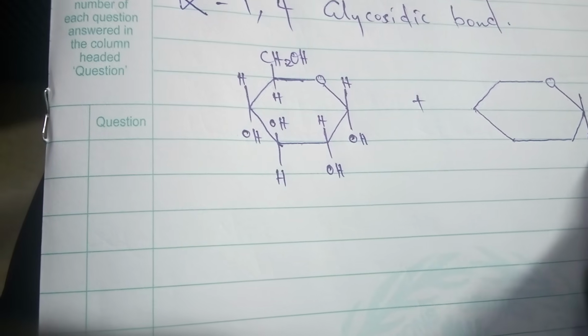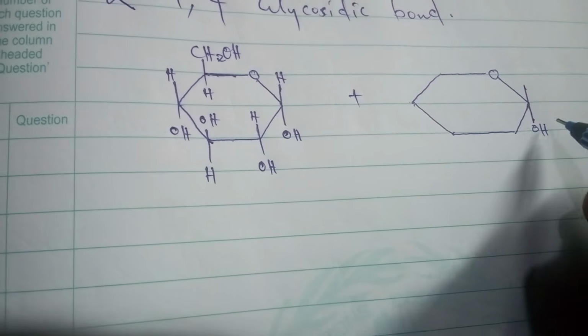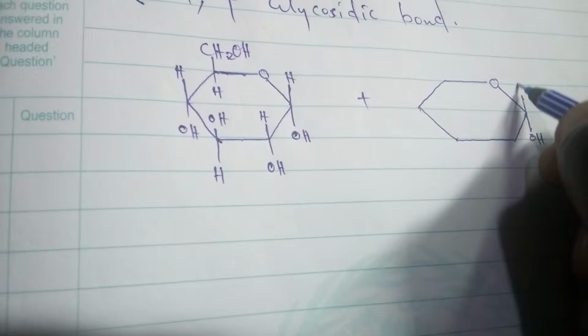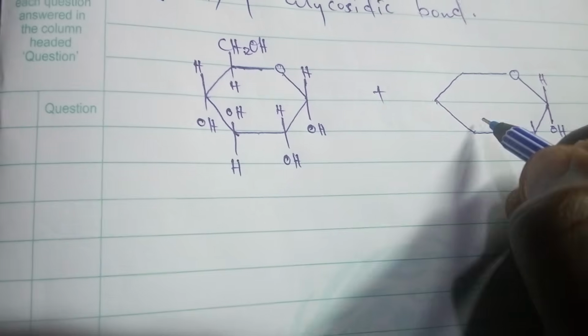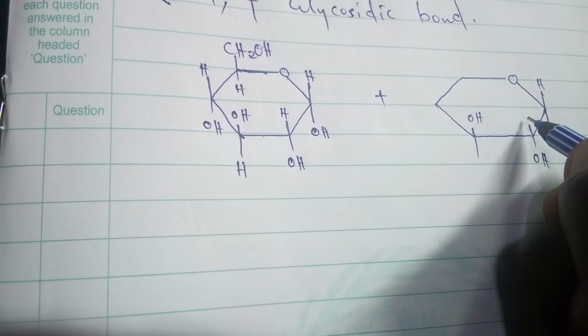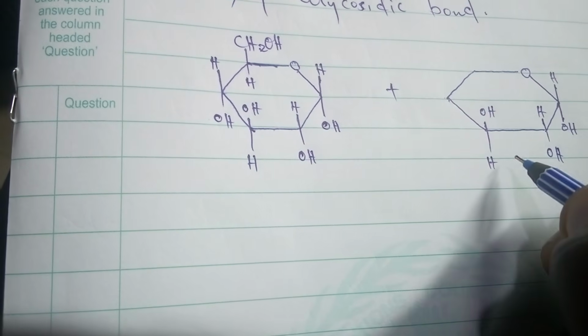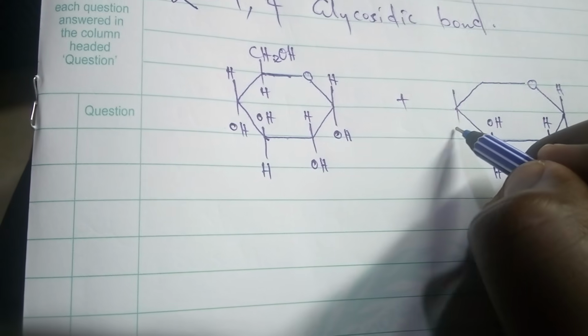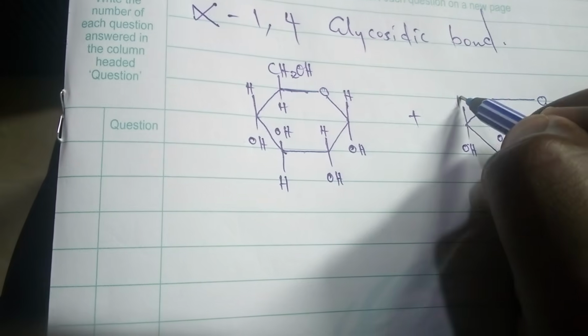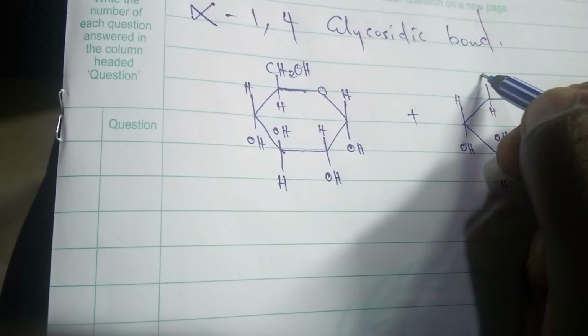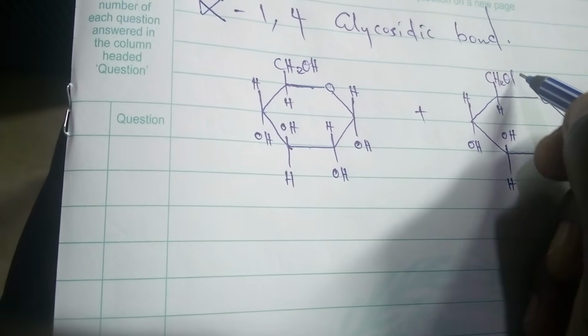So bear in mind, on prime 1 there is supposed to be hydroxide below, hydroxide there, hydroxide there, hydrogen, hydrogen, hydroxide, hydrogen, CH2OH, like that.